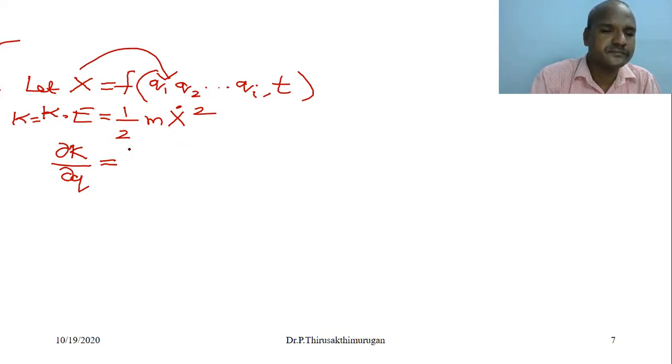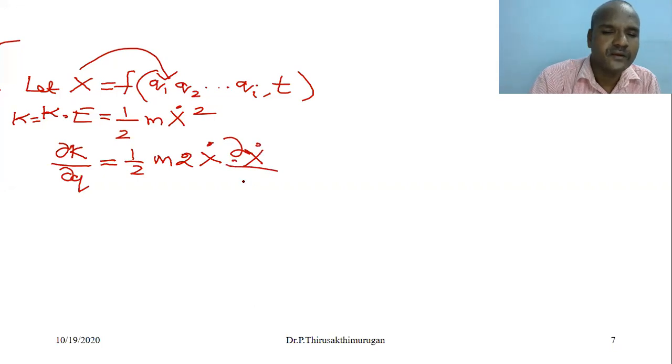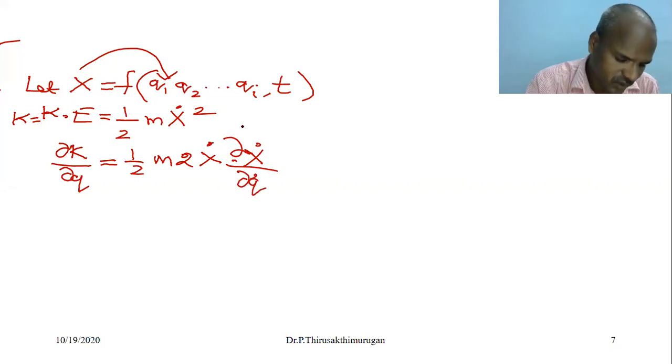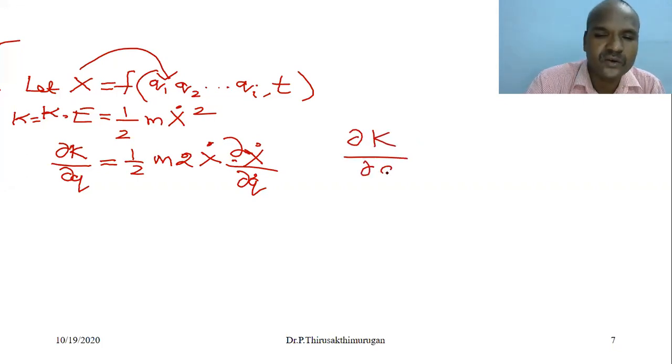One by 2 m, m is constant, the square comes down, so 2 x dot into dou x dot by dou q dot. So dou K by dou q dot equals m x dot times dou x dot by dou q dot.